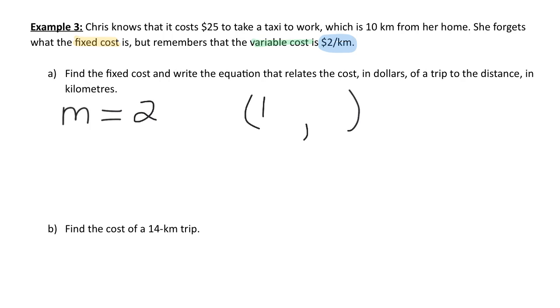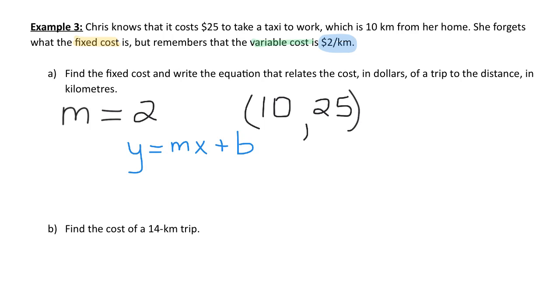So 10 is going to be the first value in my coordinate point. And then the cost is $25, and cost is on the dependent axis, so that automatically correlates to a y value. So the point that I can use in my equation template is going to be (10, 25).